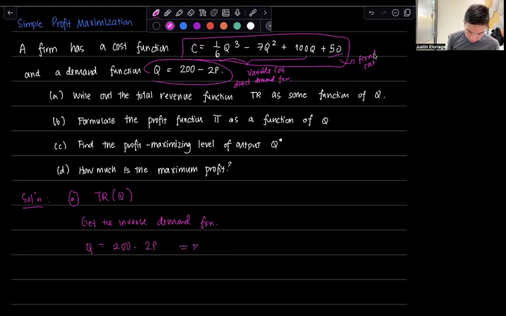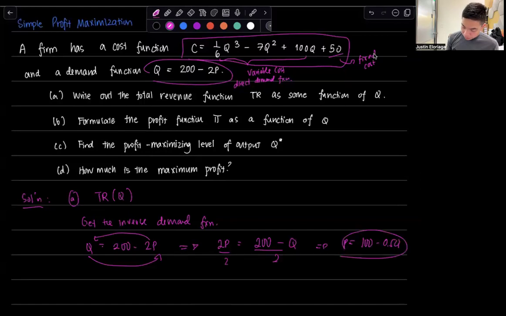I can rearrange that so 2P equals 200 minus Q. Then I divide everything by 2, which yields P equals 100 minus 0.5Q. This becomes my inverse demand function.